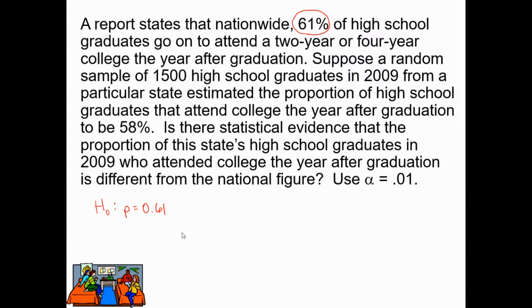In the question, if we're dealing with, say, a mean, it would say mean or average or something like that. Yes. If we're dealing with percents, it's a proportion. I mean, H alpha is going to be P is not equal to 0.61. So the alternative is P is not equal to 0.61.